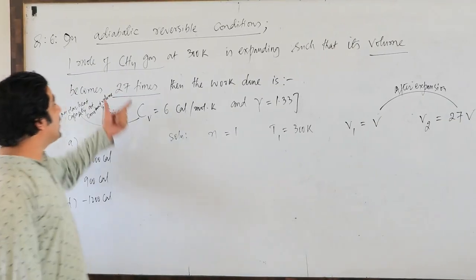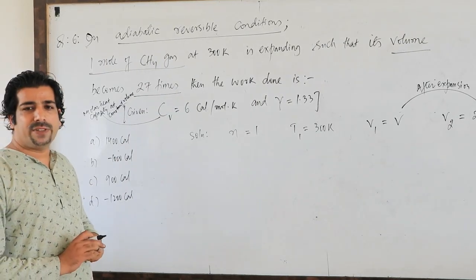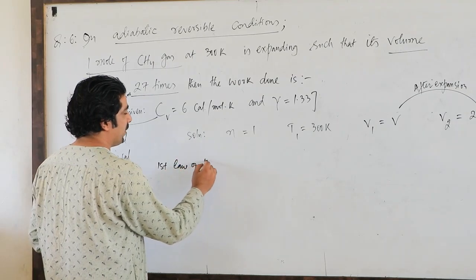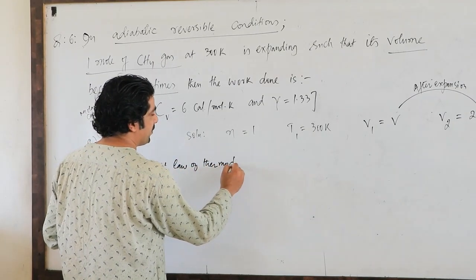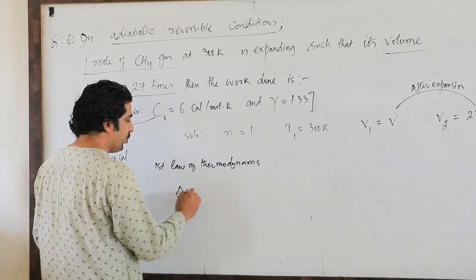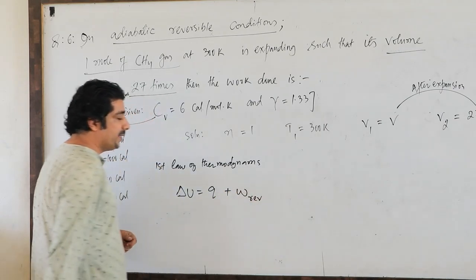Now we know that it's an adiabatic reversible condition, and you also know the first law of thermodynamics. If I apply the first law of thermodynamics, we know that delta U is equal to Q plus W, but here W is reversible.